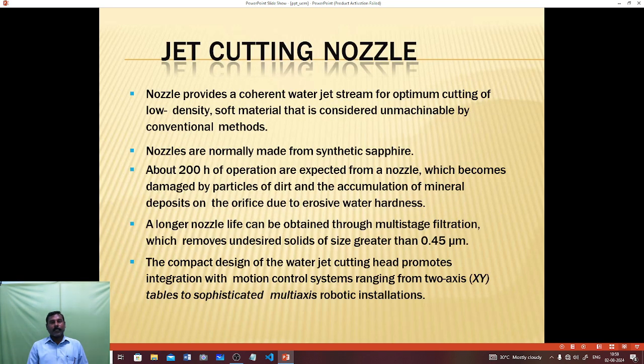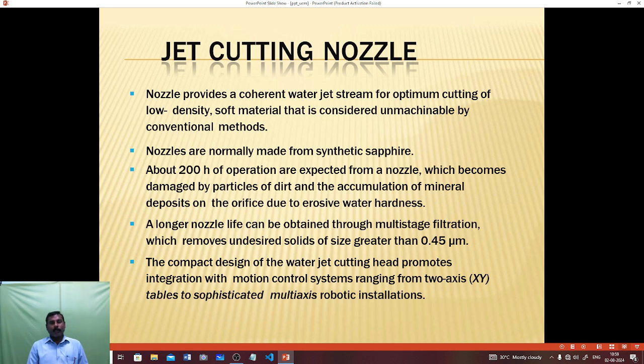Then the jet cutting nozzle. The nozzle provides a water jet stream for optimum cutting of low density soft material that is considered unmachinable by conventional methods. Nozzles are normally made from synthetic sapphire.